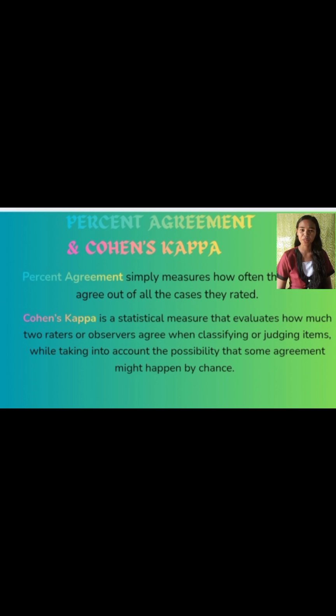Percent agreement measures how often two raters give the same score. Meanwhile, Cohen's kappa also measures agreement but is more accurate because it considers agreement that might happen by chance. These methods help check if scoring is truly consistent.